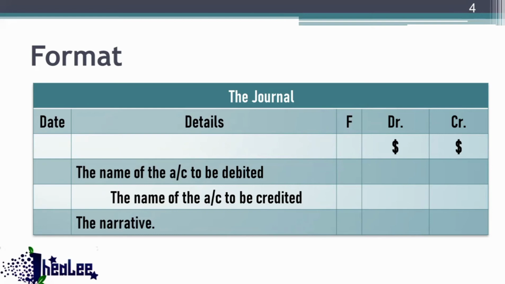All you're doing is describing and explaining the transaction. So simply summarizing it. Nothing long, but of course it must indicate what the transaction was. So you're describing and explaining the transaction, and that is your narrative.